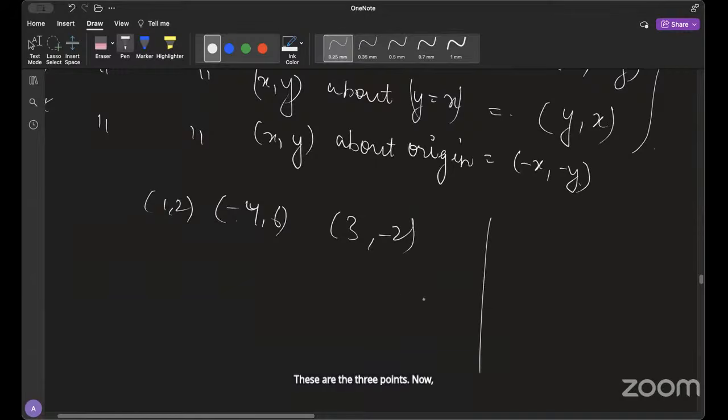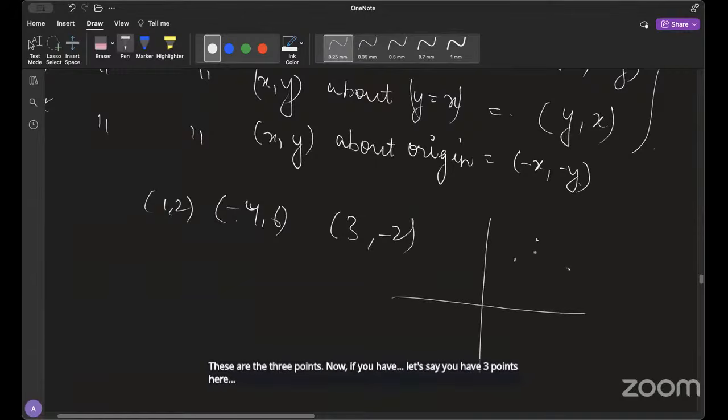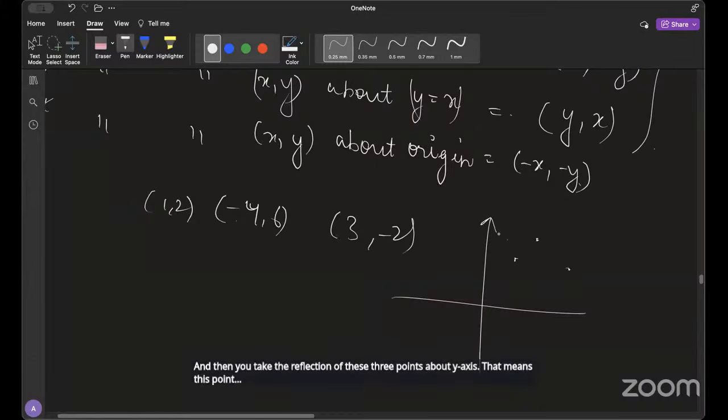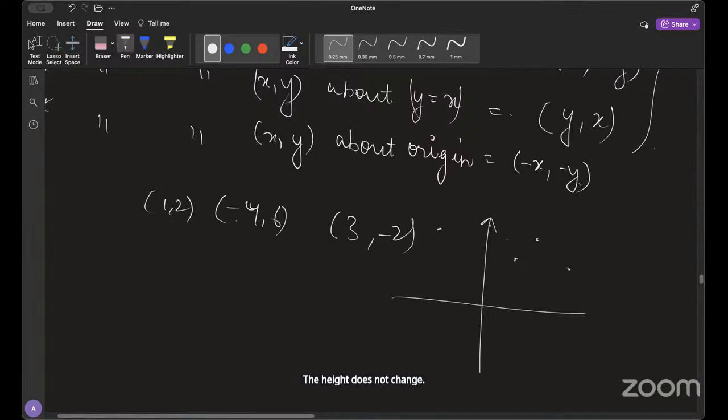Now, let's say you have 3 points here, and then you take the reflection of these 3 points about the y-axis. That means the height does not change. You just have to take the mirror image of this, when this is the mirror, right? This point becomes this, and this point becomes this. Now, the distance between these 3 points is not changing, right?